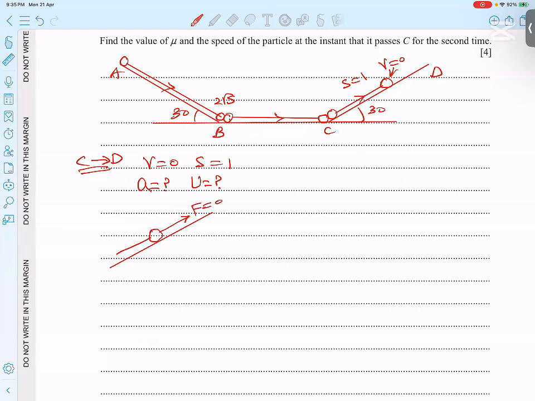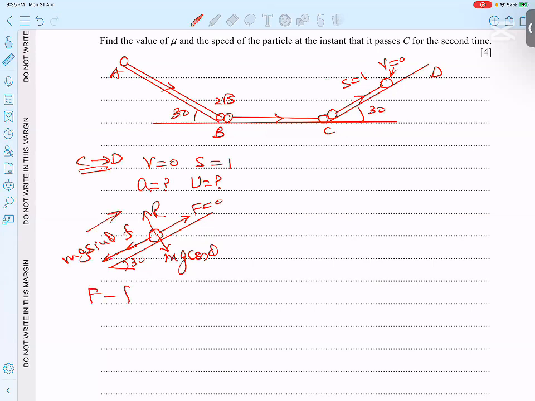Applied force is 0, friction force is downwards, and mg sine theta, you know it very well. R is mg cos theta, where theta is 30 degrees. Capital F acts upwards because the system is going upwards.